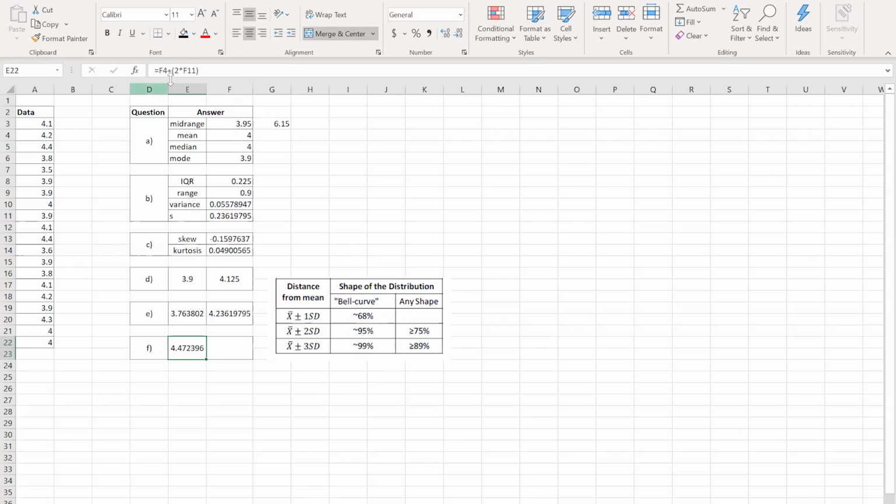Sorry, minus for the lower limit. Equals the mean plus 2 times the standard deviation. And there you go.